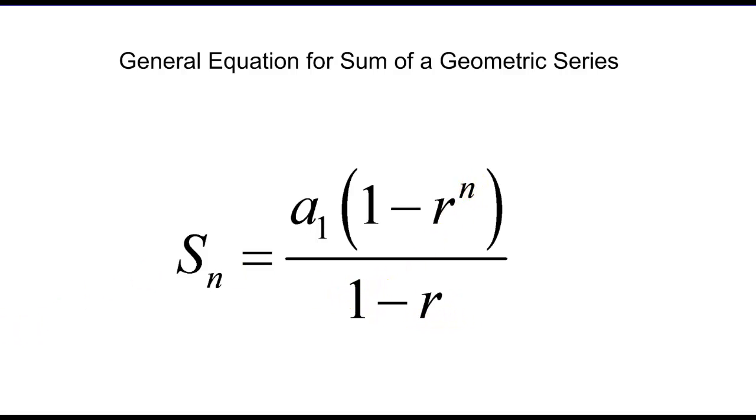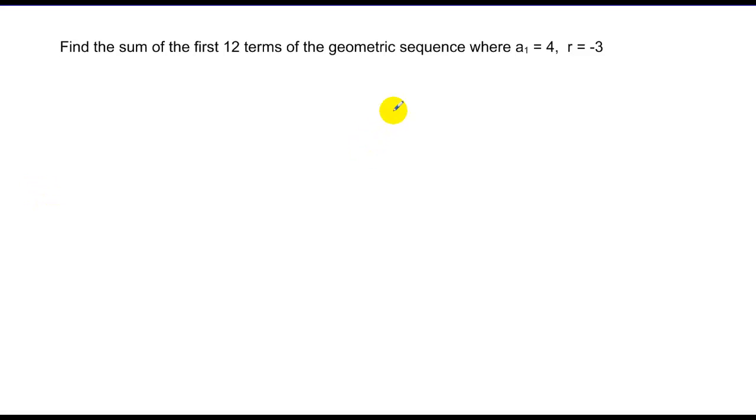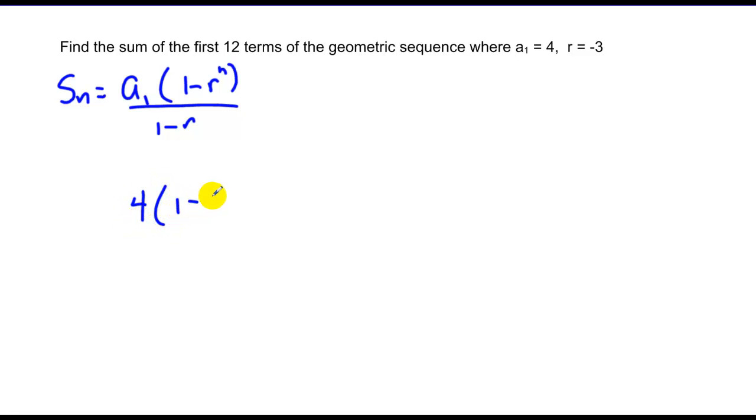So let's do a number of these problems. Sum of the first 12 geometric terms where I have my first term and my ratio of -3. And again, the sum equals the first term, 1 minus the ratio to the n power over 1 minus the ratio. So I take my first term, plug it in, there's a 4, 1 minus -3.